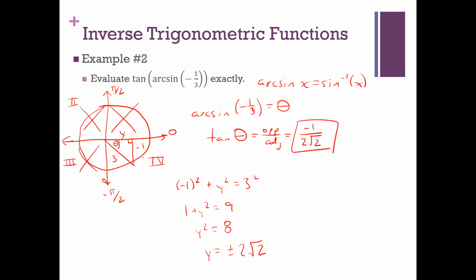Why are we allowed to throw out quadrants 2 and 3? What's negative in quadrant 2 and 3? Not all of them. Y is positive in quadrant 2.